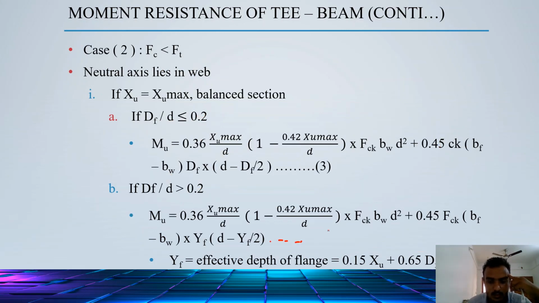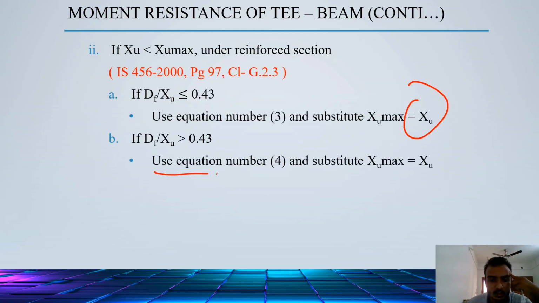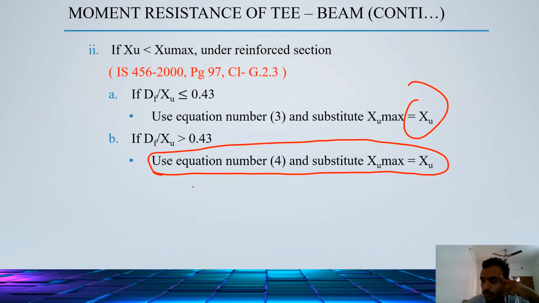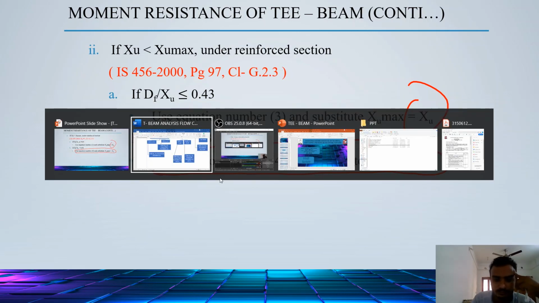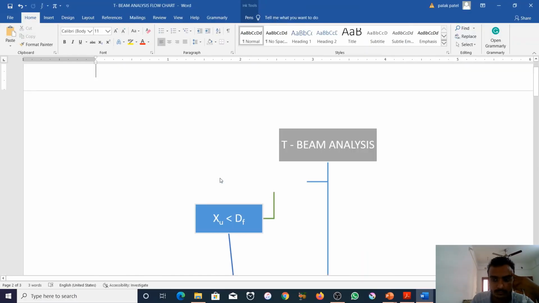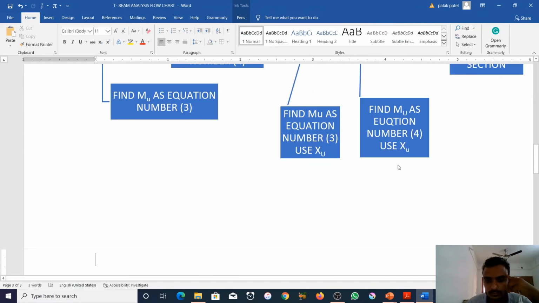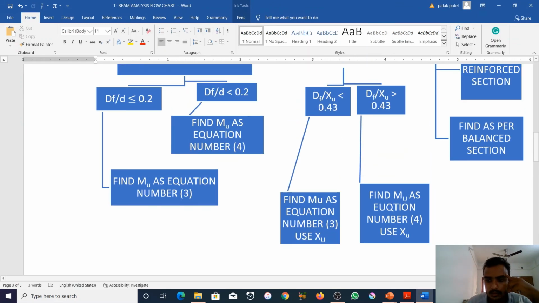So by this equation we have to remove Xu max and put the value Xu. Let me change here. Use equation number 4 and substitute Xu max equal to Xu. Okay, simple. These two conditions are completed.